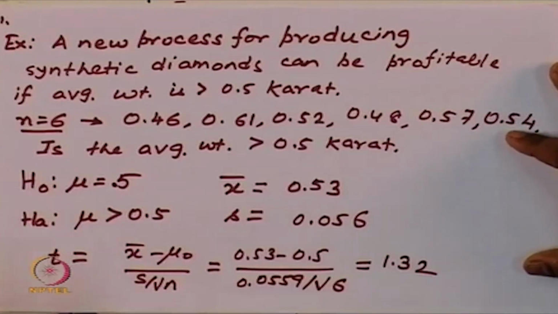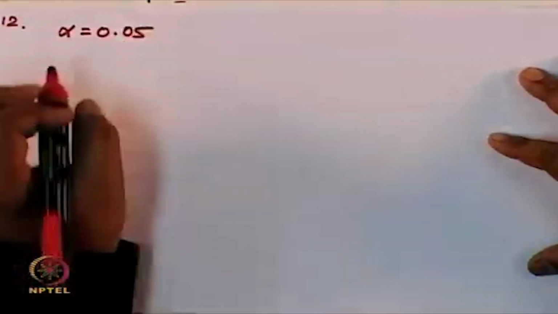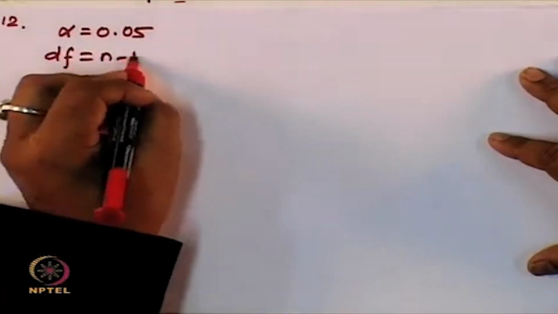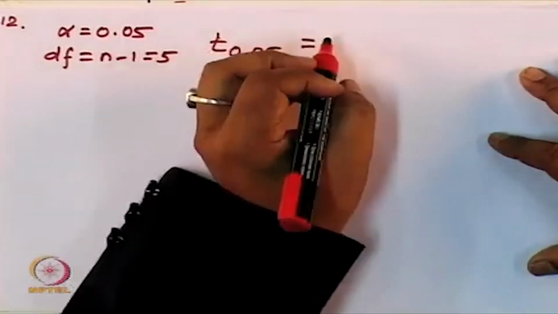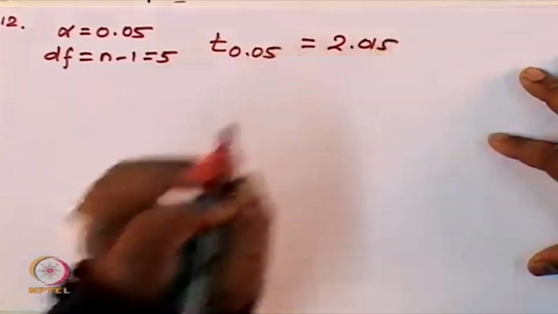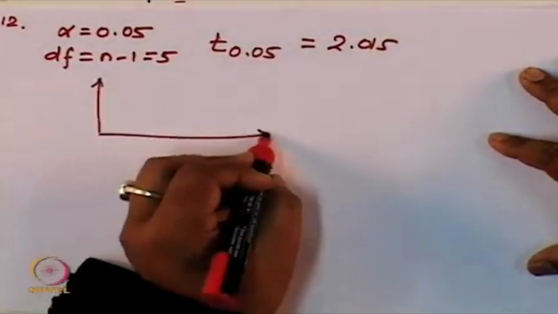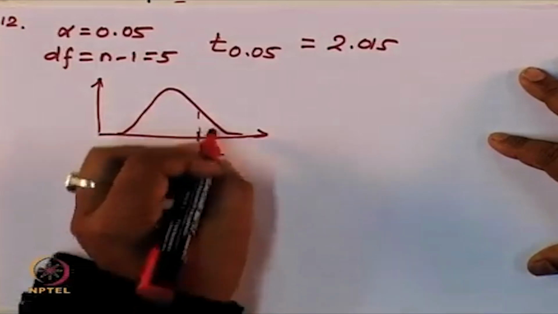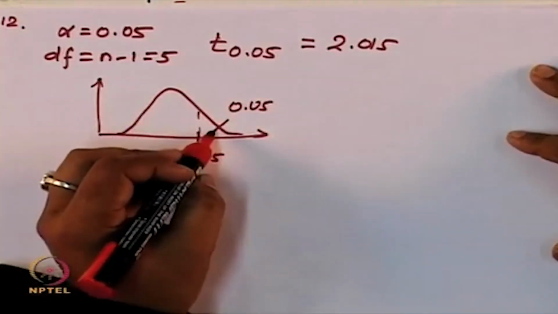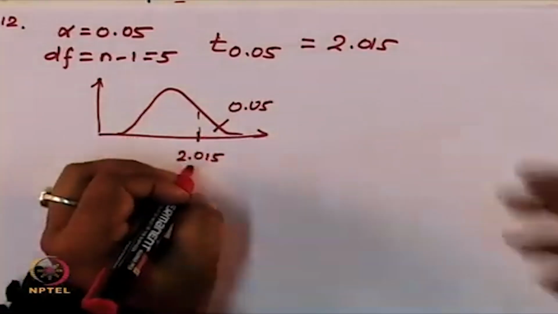Now, if I were to use alpha equal to 0.05, corresponding to df equal to n minus 1 equal to 5, I can look up the t table to know that t at 0.05 is 2.015. So, if I were to draw this, corresponding to this you have t as 2.015.